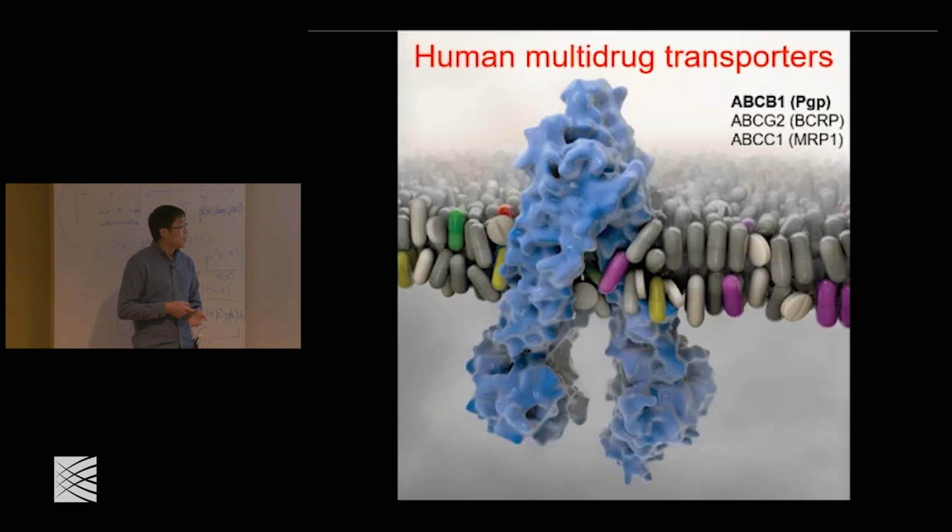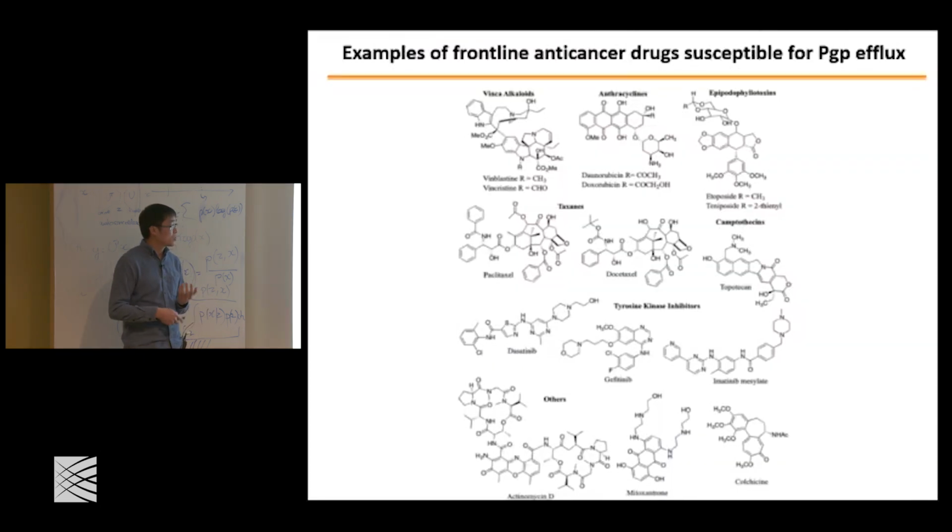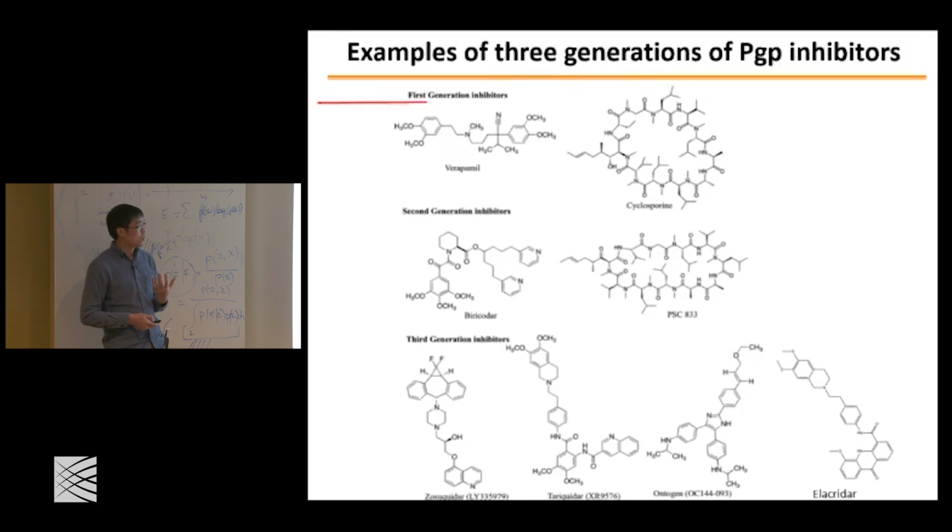And so we would like to understand how this one transporter can transport so many different drugs. Here are just some examples of the drugs which can be transported by PGP. And without the help of structure, people have struggled for decades to generate three generations of inhibitors of PGP.